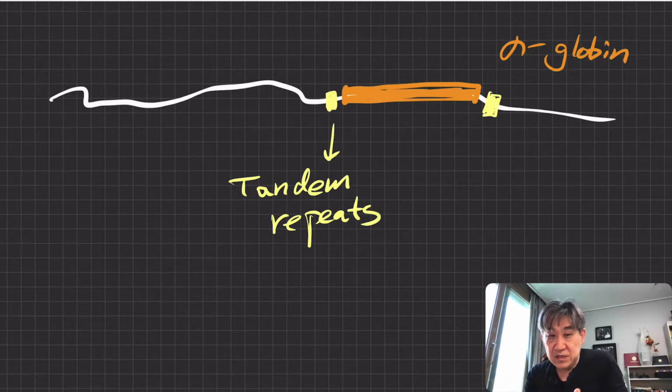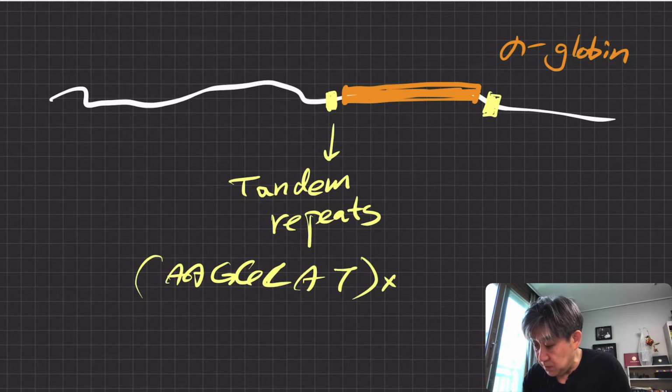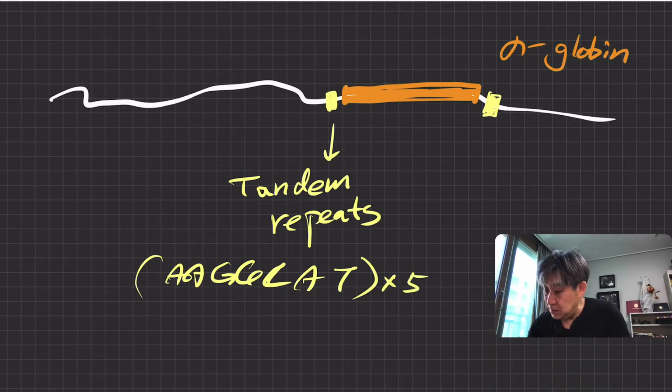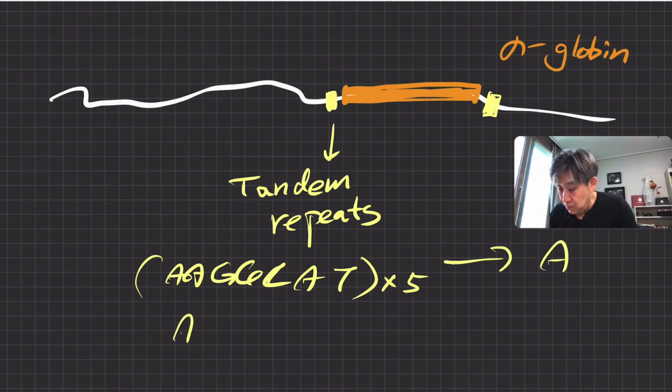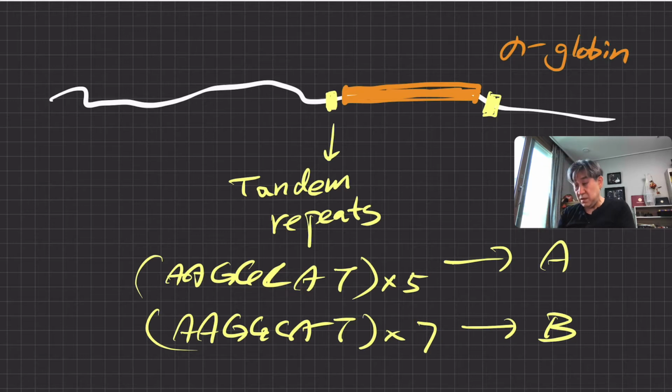The DNA sequence appears as many multiples of a short sequence in a repeat pattern, for example AAGGCAT, and this repeat appears 5 times in individual A. On the other hand, the same GGCAT repeat appears 7 times in individual B, something like that.